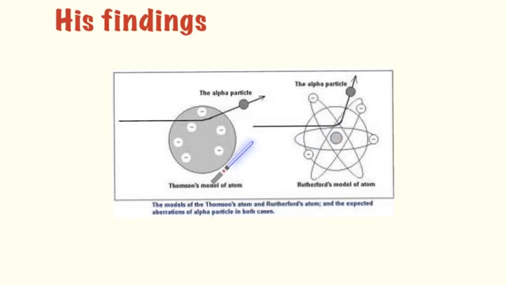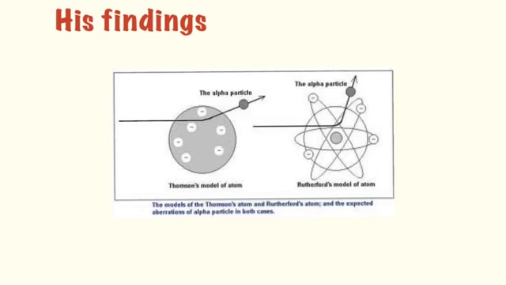And then if you think about it, the ones that almost came back at him were the ones that were fired almost directly at this central nucleus. So if they went there, then it's going to be deflected back this way. It's going to go in and then come back. So this was the evidence, and this was his conclusion: as you push these alpha particles in, most of them went through because there was nothing there for them to hit.